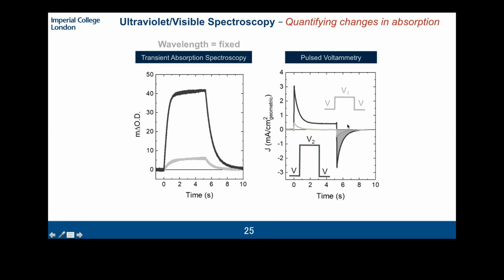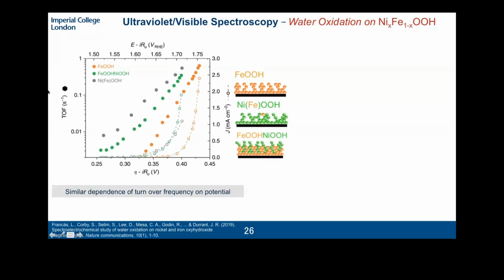So basically you can integrate the number of electrons transferred here, and if you had some prior knowledge about the system, you could figure out how many electrons it takes to form one of these oxidized species, and then correlate the absorption changes to an absolute change in the number or the density of these species on the surface. And that's really useful if you wanted to look at turnover frequency.